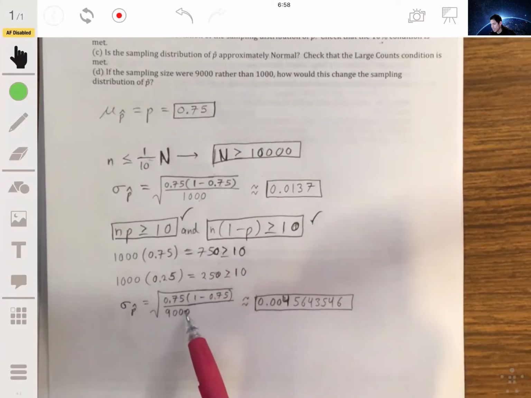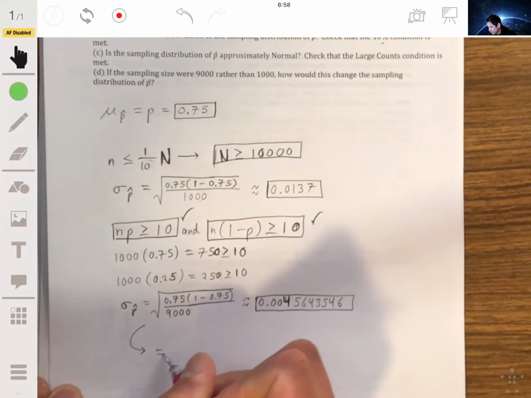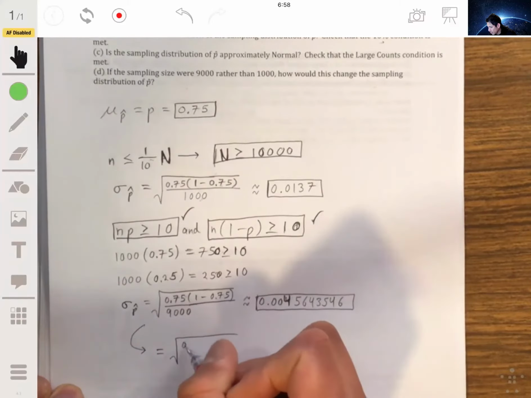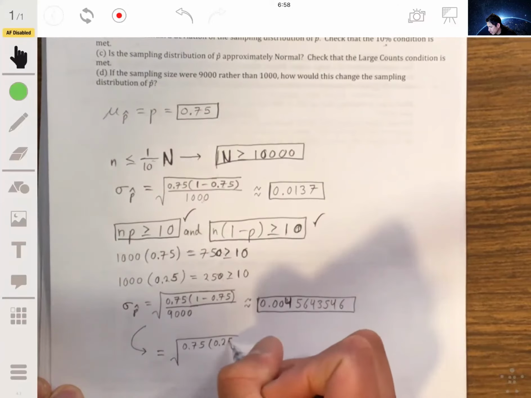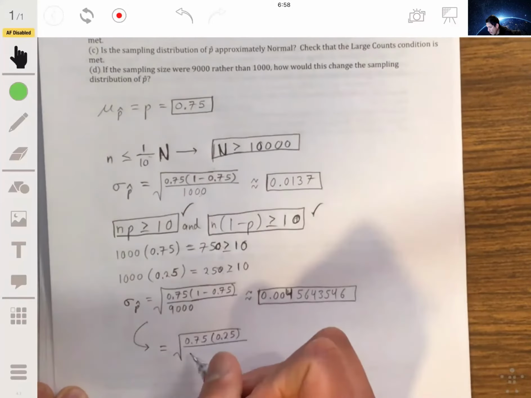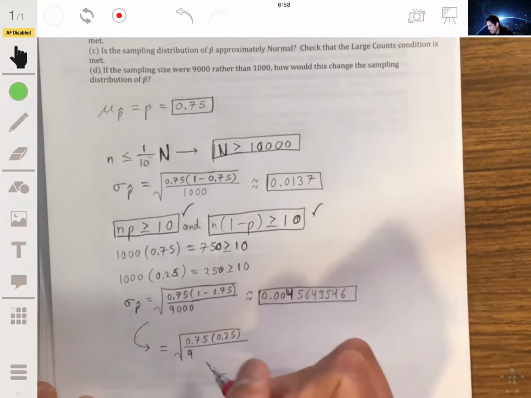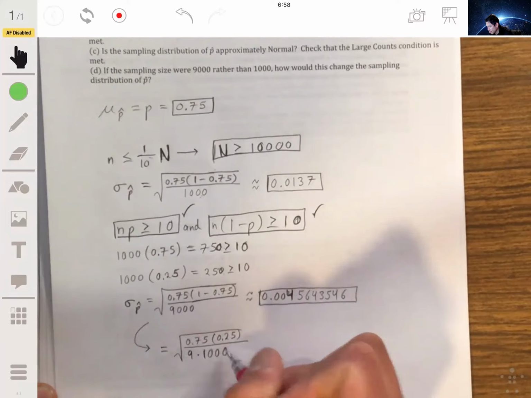So what you can do here is rewrite this as the square root of 0.75, we'll write the top as 0.25 there, over 9 times 1,000.